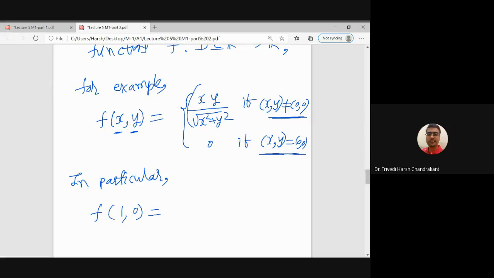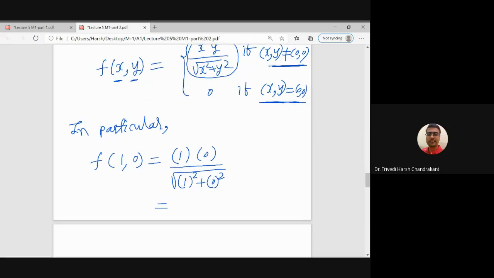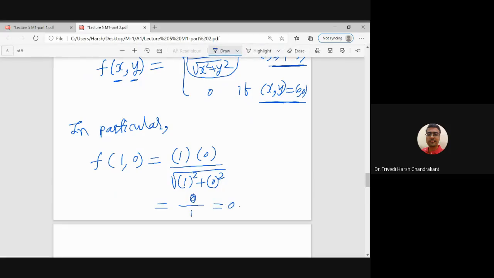Therefore we need to apply this formula: x is 1, y is 0 divided by square root of 1 square plus 0 square. So the numerator is 0, denominator is 1, and finally the value of the function is 0 at this particular point.